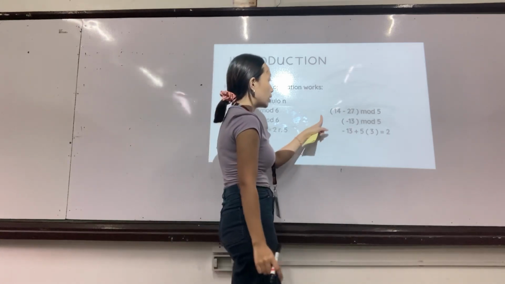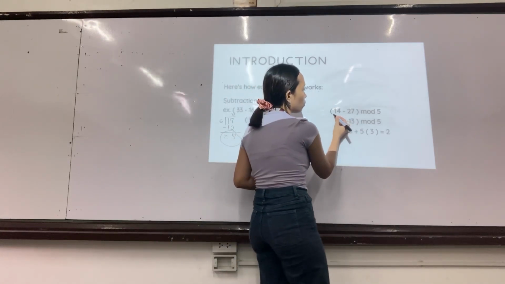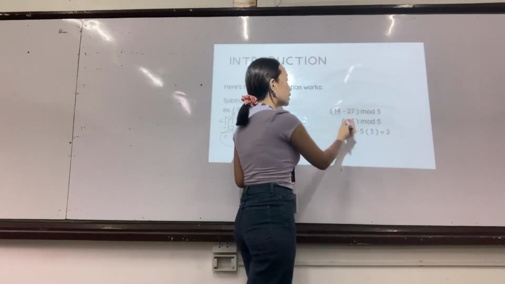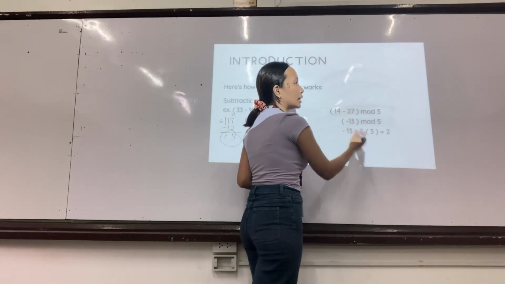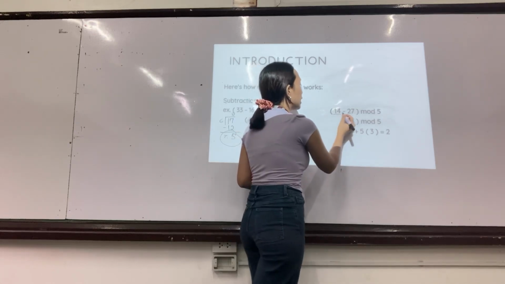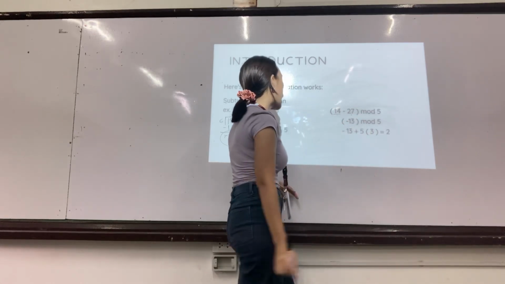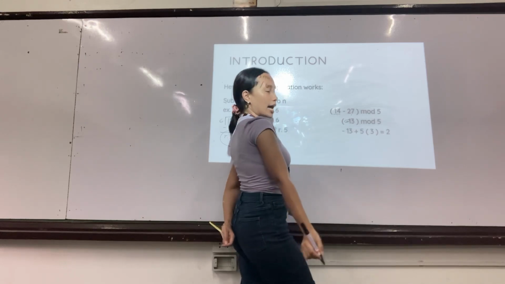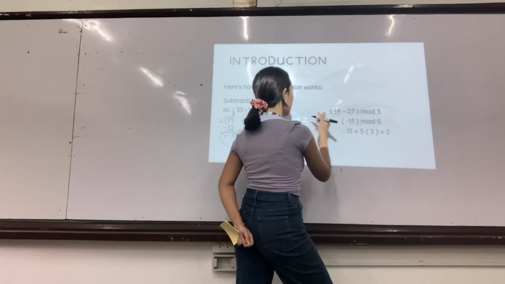Now, for the second one, we have 14 minus 27. As we can observe, the first value is smaller than the second one, so our answer is going to be a negative number.